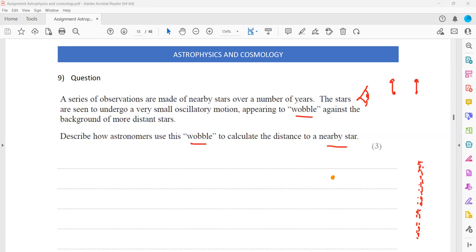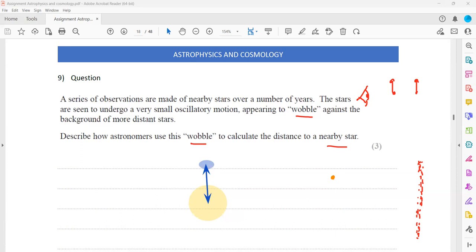For example, this is the Sun and we are observing from the Earth. The distance between the Earth and the Sun is known as 1 astronomical unit, which is also the radius of the orbit.